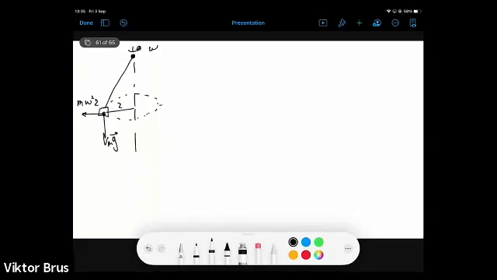So a few words on this centripetal and centrifugal acceleration and forces.